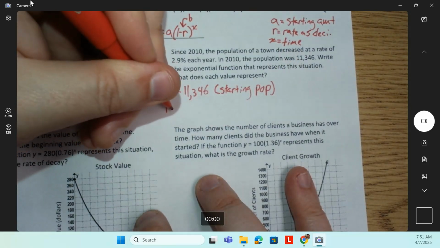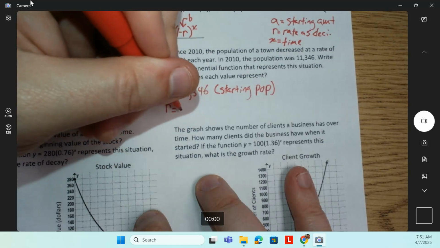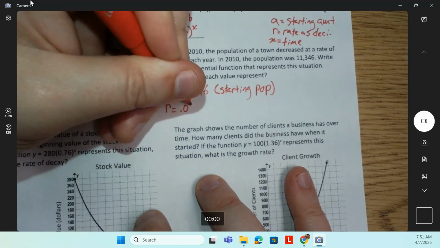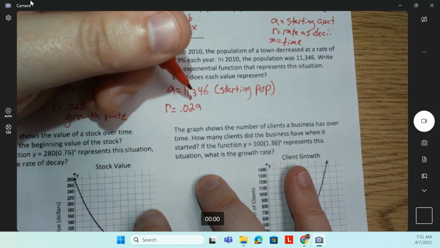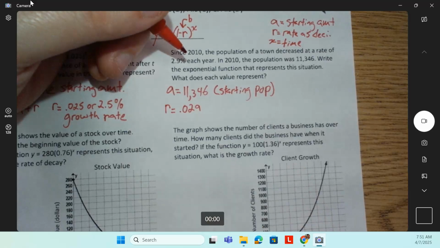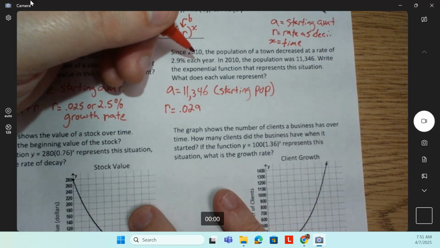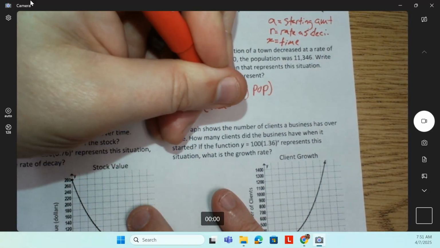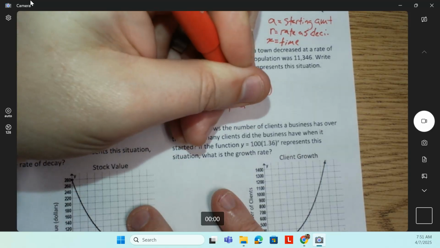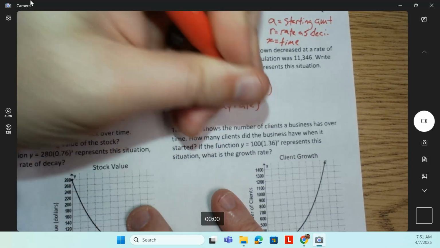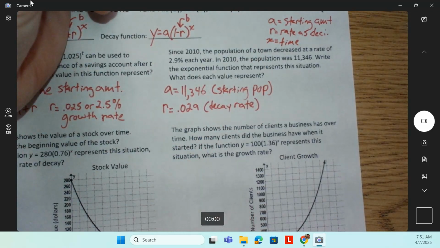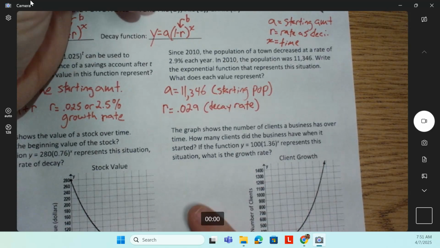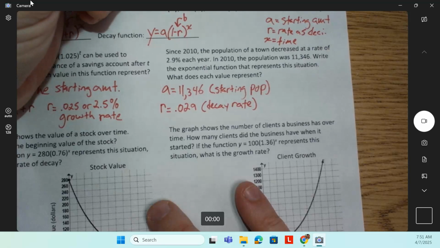And the R value is going to be 0.029. Just change that from the percent. That's the rate of decay. And so to figure out my formula, I would need my B value.